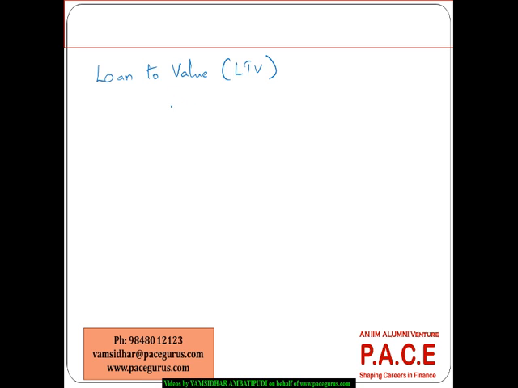As the word itself says, compared to the value of the house or property, what is the loan amount that is taken? The higher the ratio, the riskier it is for the lender, and the lower it is, the more secure it is considered, because the value acts as a backup: even if the value falls to a decent extent, the loan amount given can very well be recovered.